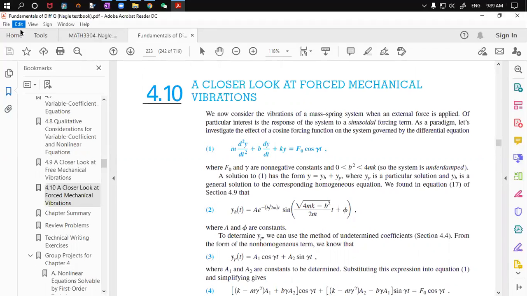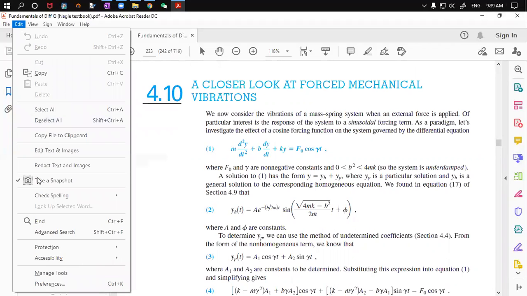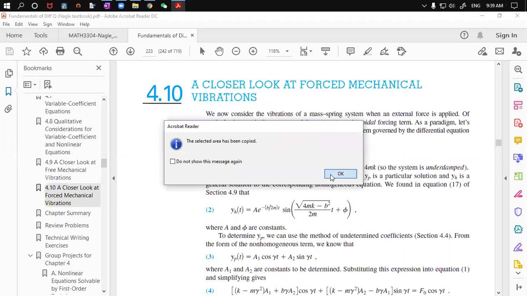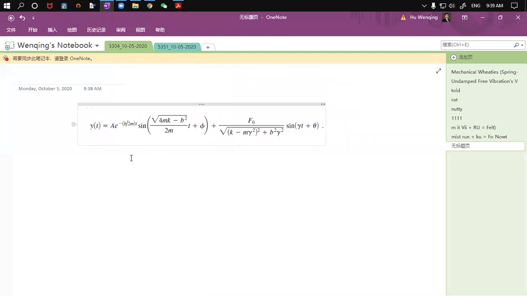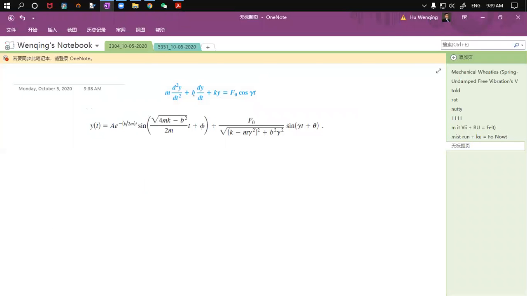So maybe I will cut this equation also, because it's a little bit at odds with what we have been doing so far. Maybe I'll paste it here. So that's what happens to this equation. You can see that their gamma is actually our omega, and their b is our gamma.